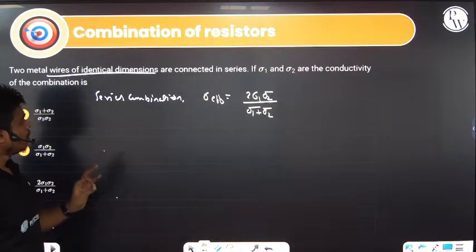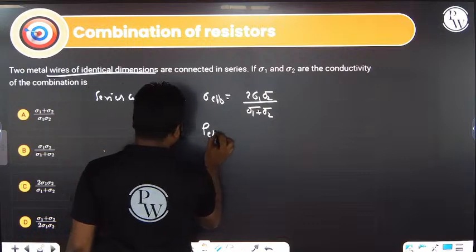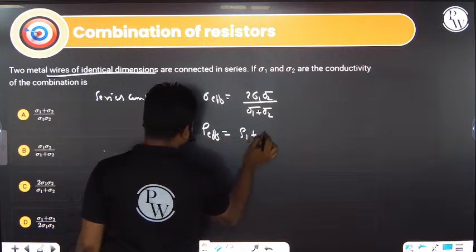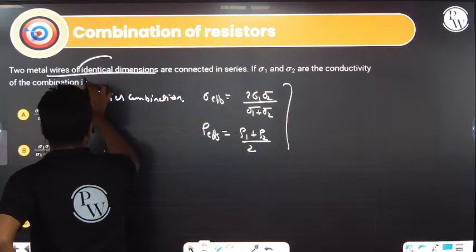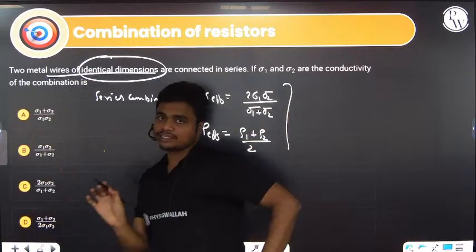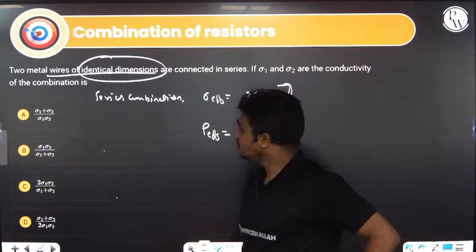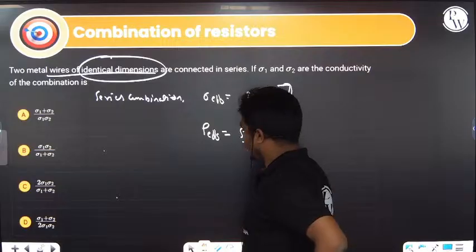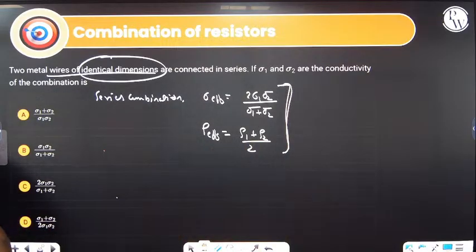And rho effective is rho 1 plus rho 2 by 2. Whatever formula I am telling, they should have identical dimensions. Then only will we use this formula.